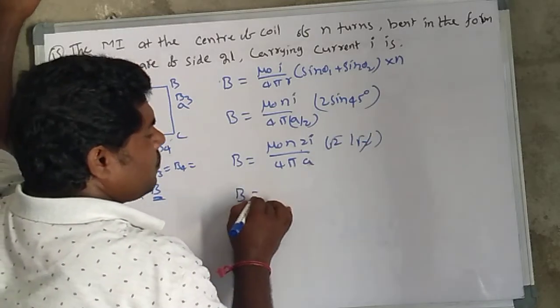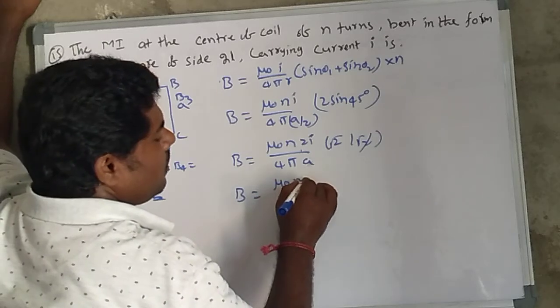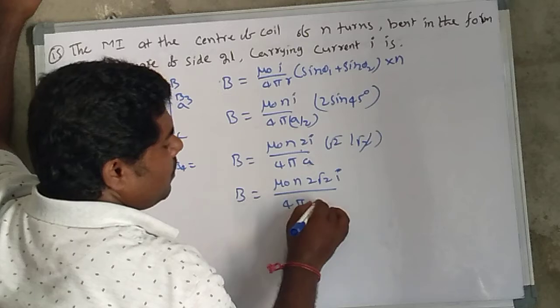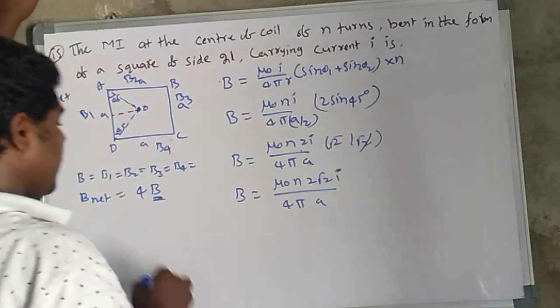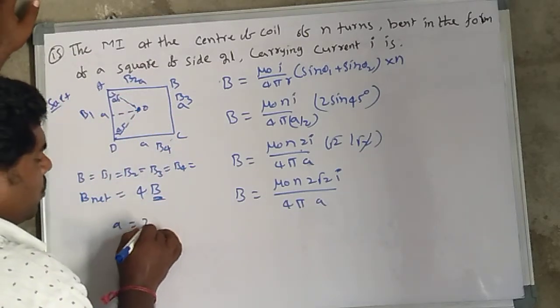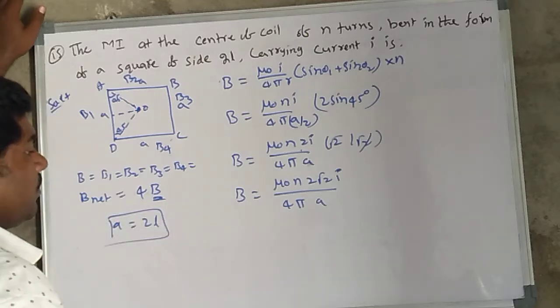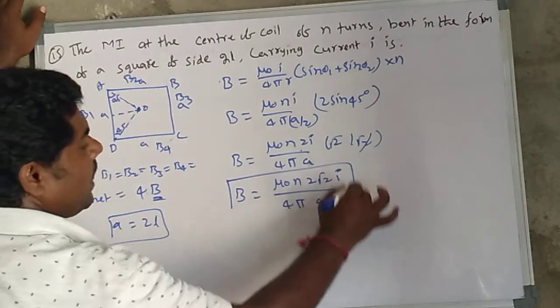So final B is equal to mu naught N 2 root 2 I divided by 4 pi A. Here A is nothing but 2L, the side given, and this is only one side.